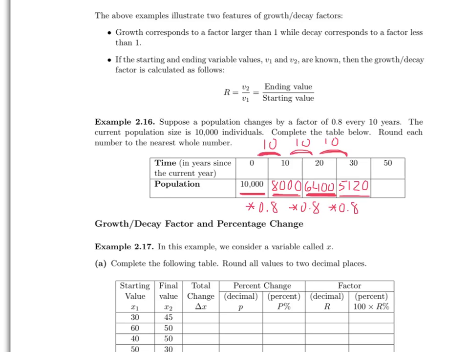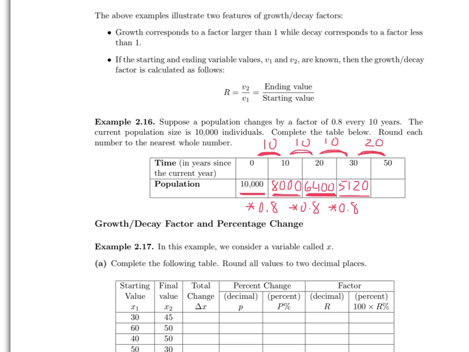Now we want to determine the size of the population in year 50. If we look at this time period, our final time period, from 30 to 50, we notice a change here. It's not another 10-year period, but rather a 20-year period. So what happens during this 20-year period? You can think of 20 years as being broken down into a first 10-year period and then a second 10-year period.